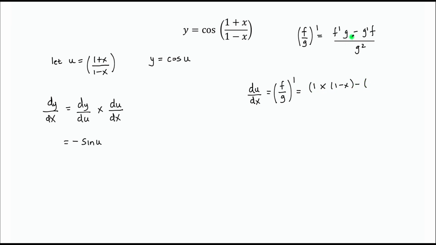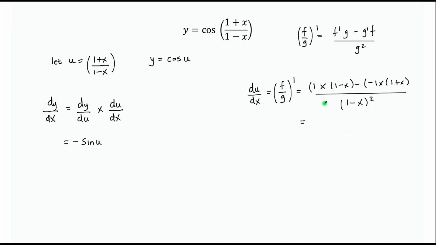Now this is where you need to be careful, because you're going to get a negative here. When we differentiate g, g dash will give us minus 1. So that's minus 1 times the f, which is 1 plus x, and that's all over 1 minus x all squared.